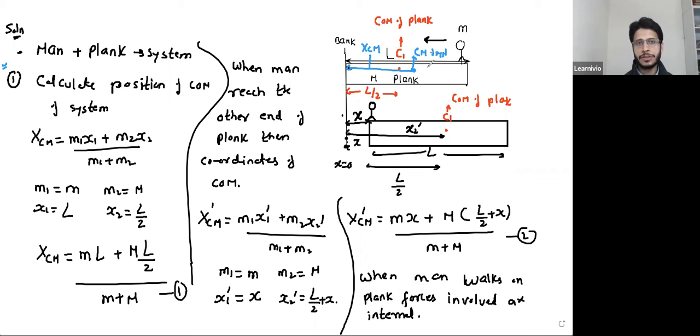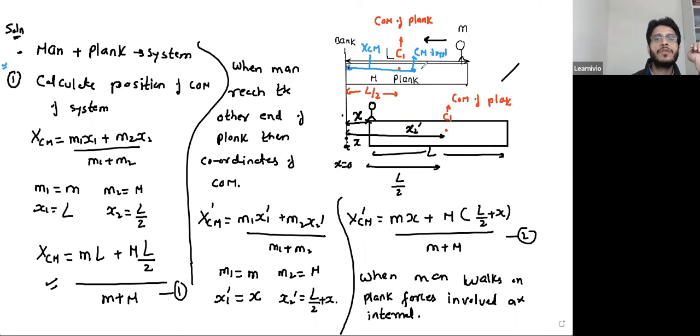And the coordinates of the center of mass earlier was XCM. When the man comes to this end, then the XCM is this thing. Tell me one thing. If the involved forces are internal, then will the motion of center of mass change?